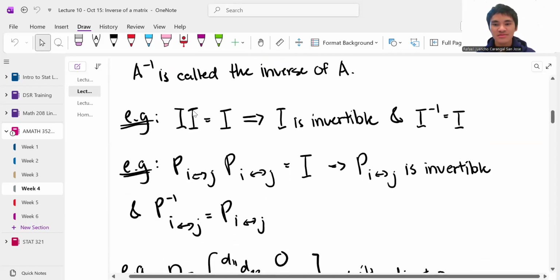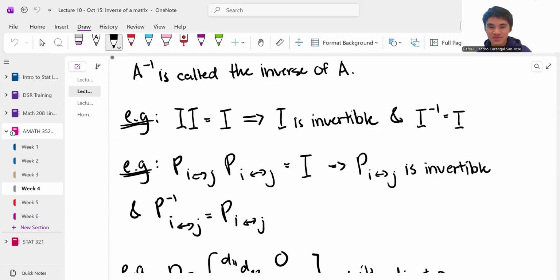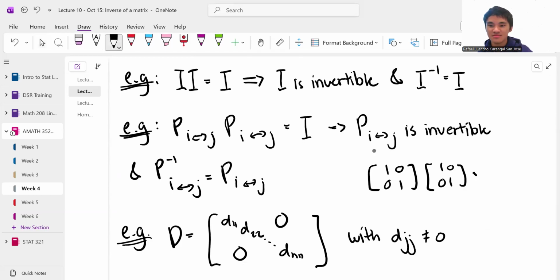When we look at the identity matrix, multiplying the identity by the identity just gives us the identity. This tells us that I is invertible, and that inverse is just I itself. So if we multiply, say, I sub 2 by this matrix, we would still get the same thing.